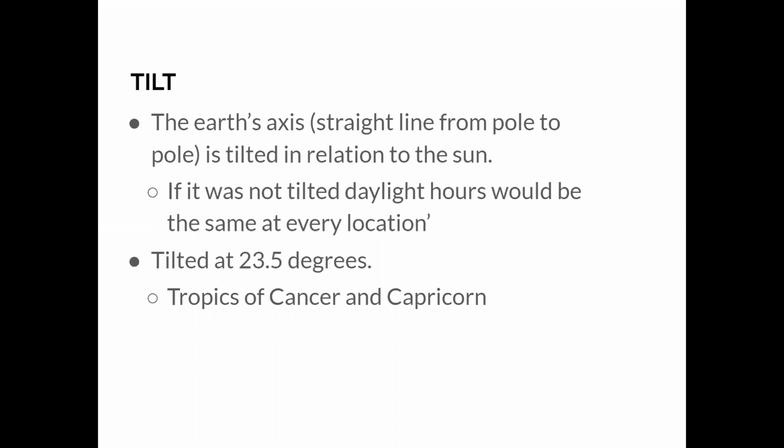If we didn't have a tilt, daylight hours would be the same at every location. The sun would hit the Earth at the same time in every location. But because we have this tilt, daylight hours occur at different times of the day. So not every location is the same.